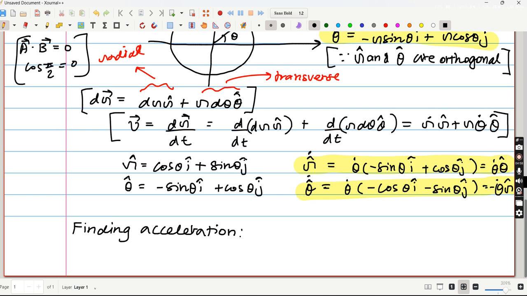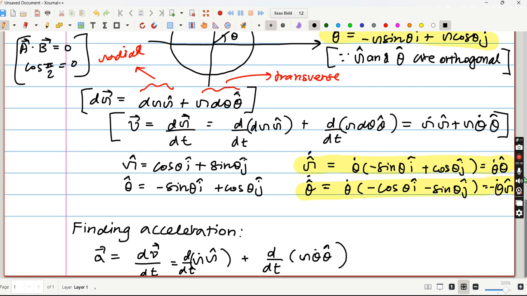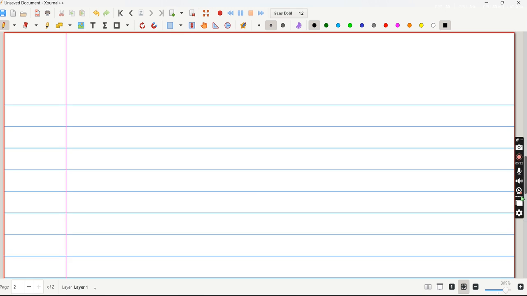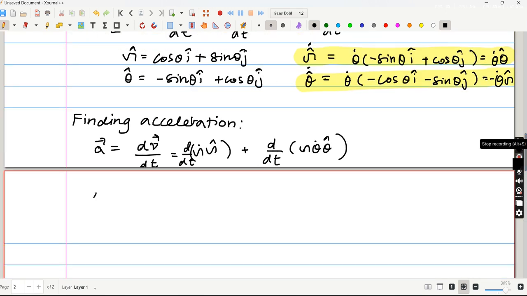So yeah, we will move further. Now we can try to find acceleration. You can pause the video and try to find it. It's a useful exercise. So acceleration is just dv by dt. This is the first order time derivative.